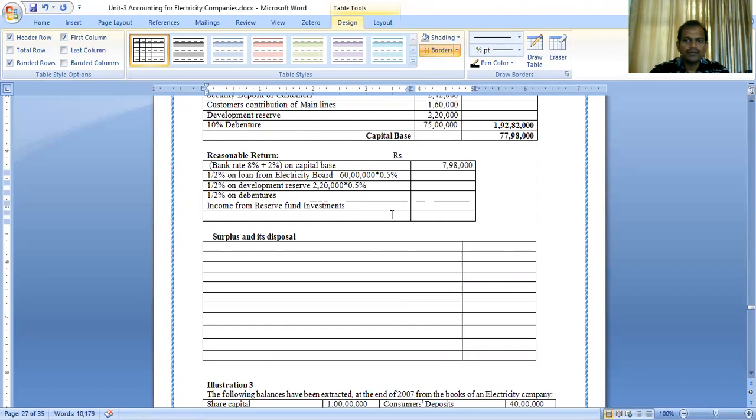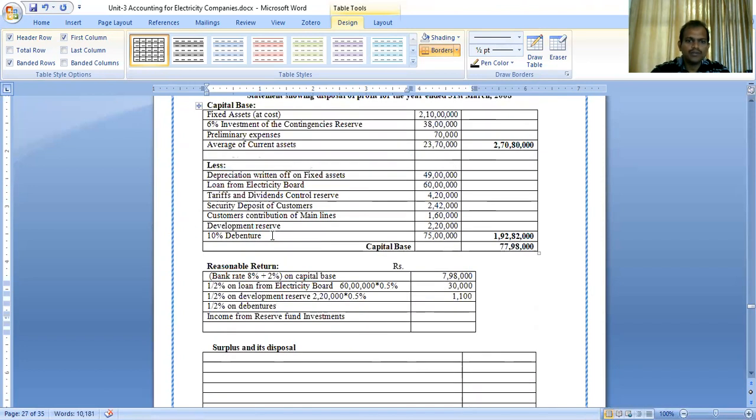So it comes around 30,000 and 1,100, and half percentage on debentures.